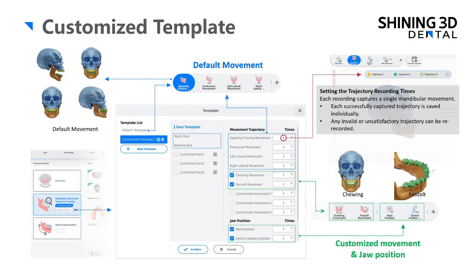Each recording captures a single mandibular movement. Each successfully captured trajectory is saved individually. Any invalid or unsatisfactory trajectory can be re-recorded, and that's how we change the settings for the trajectory part of the mandibular trajectory tracking.